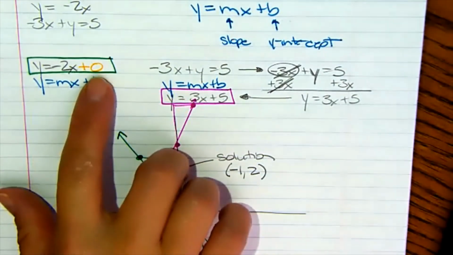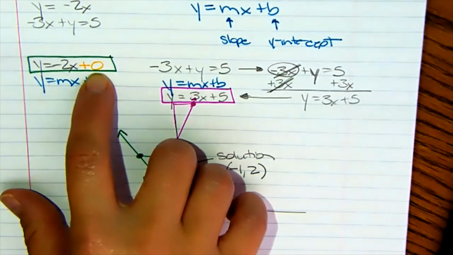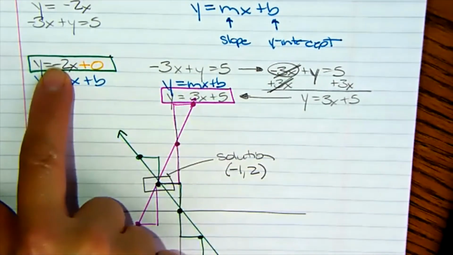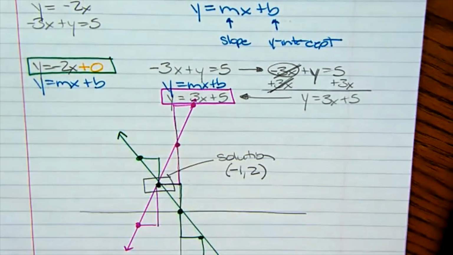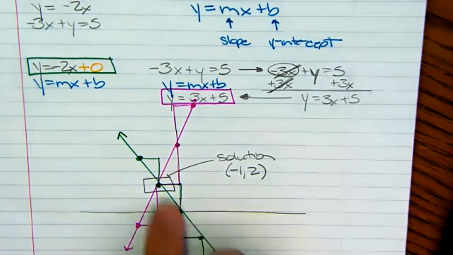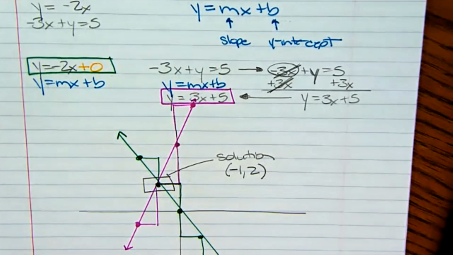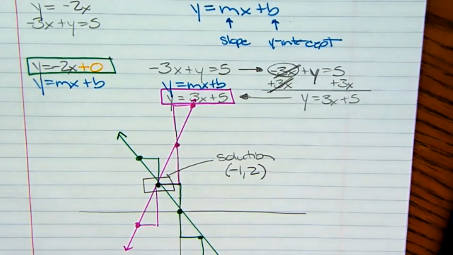Then we take a look at our y-intercept. Then is our slope positive or negative? And then the slope itself. Where the two lines intersect is our solution. So that's what we're doing today.